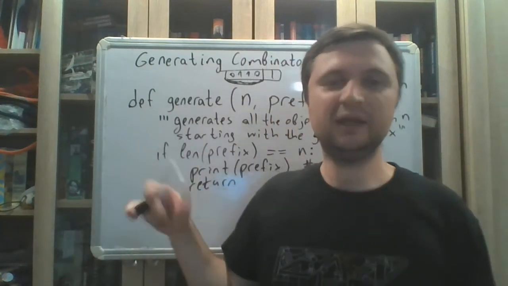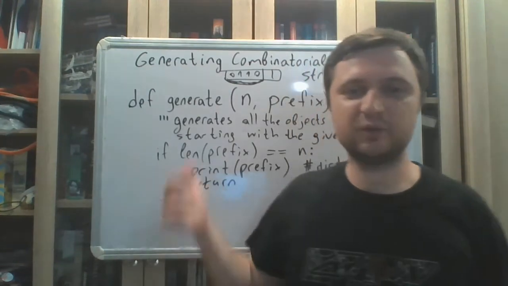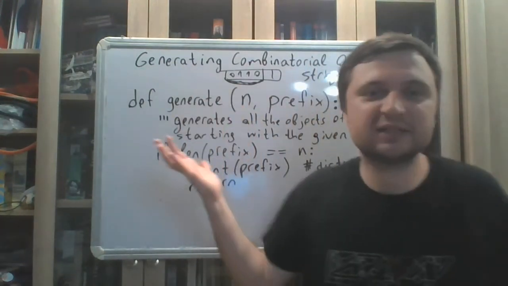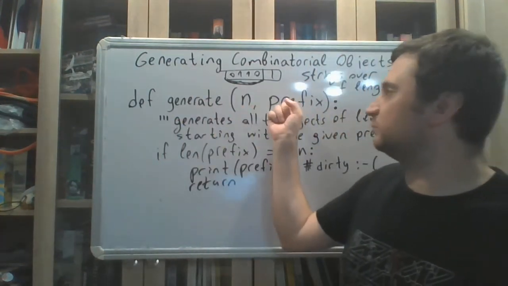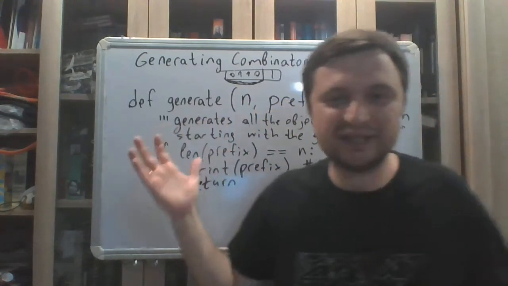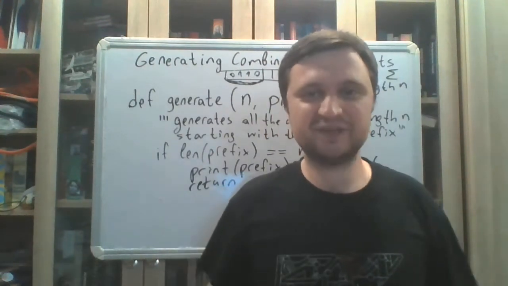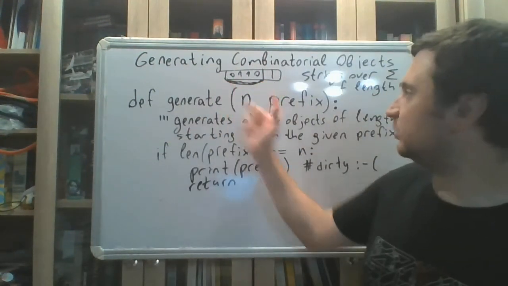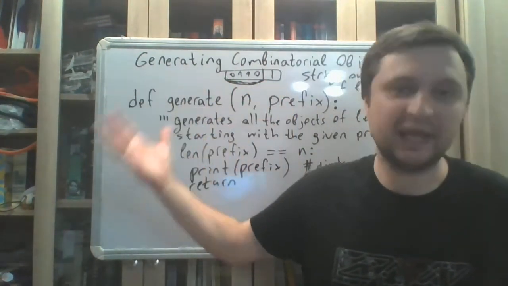In Python, you understand that you can be run with a stupid set of parameters, like someone could give you a floating number over here and a file over here. That's their problem. So we believe that we are run with a prefix of length no more than n, definitely.